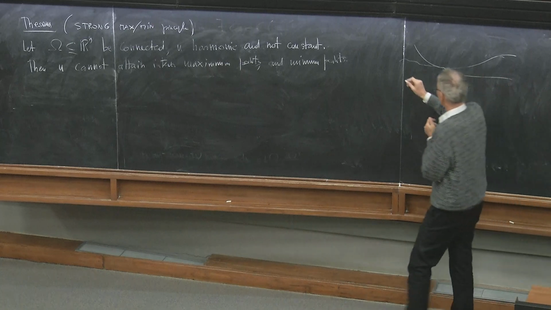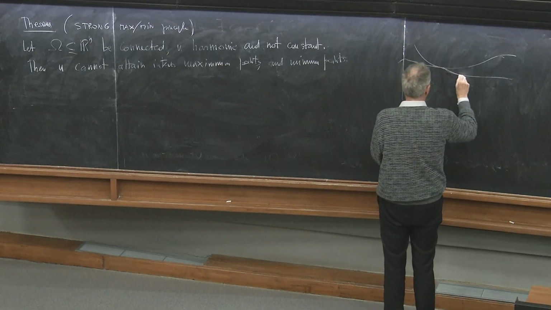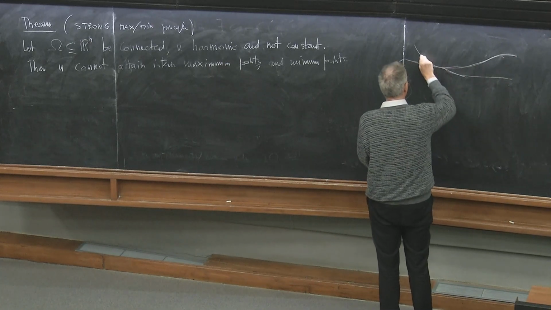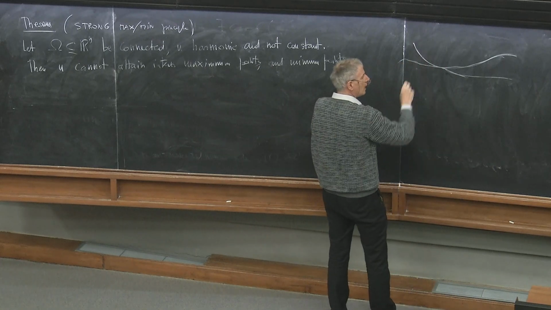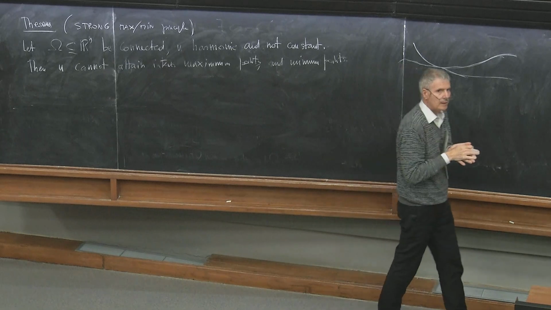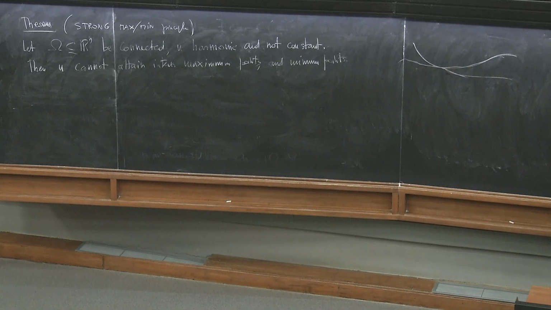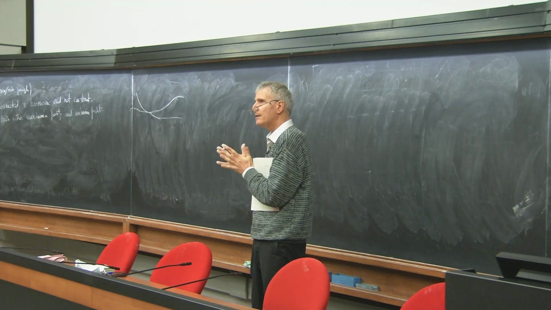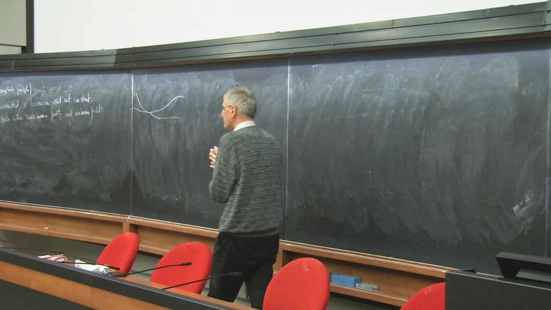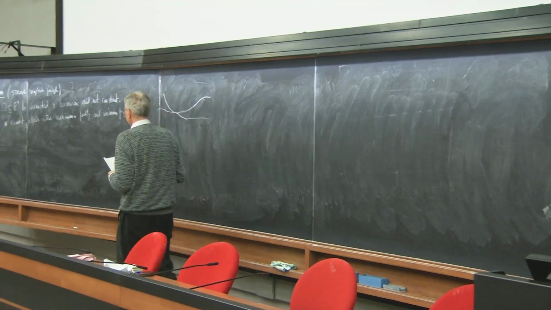For if you have this harmonic function here, and this other harmonic function here, and this is above, not below the other, unless they are equal, they cannot touch at an interior point. This is what that theorem says. They repel, in some sense. Inside, they repel, in some sense.